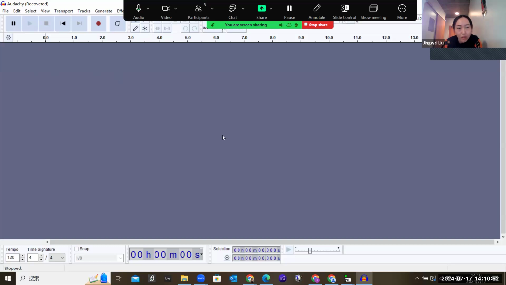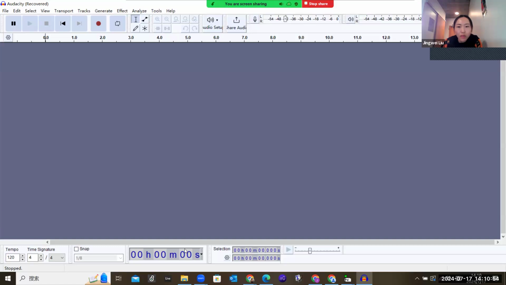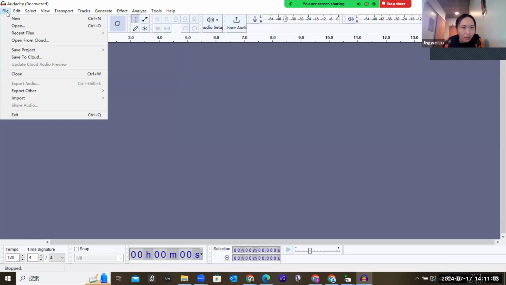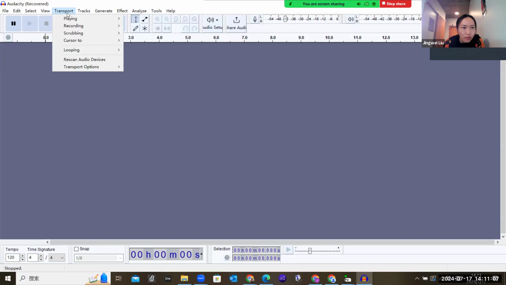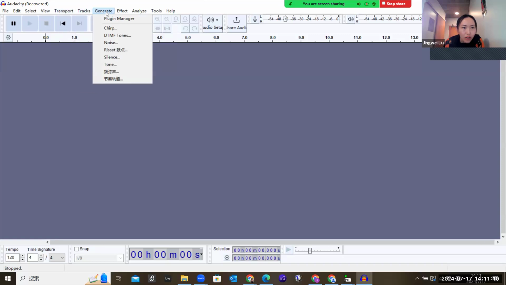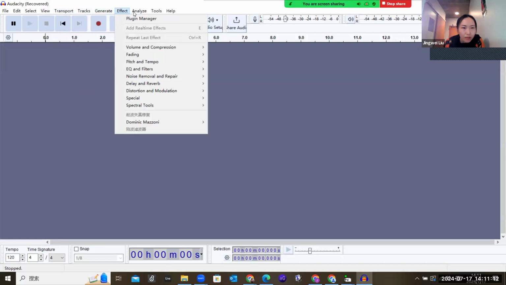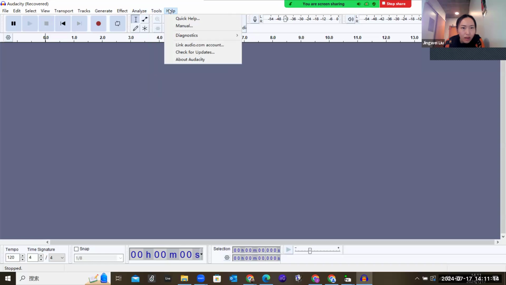So when you get to this plain interface, what we will do is create a track, okay? You can see there is file, edit, select, view, transport, tracks, generate, effect, analyze, tools, help.